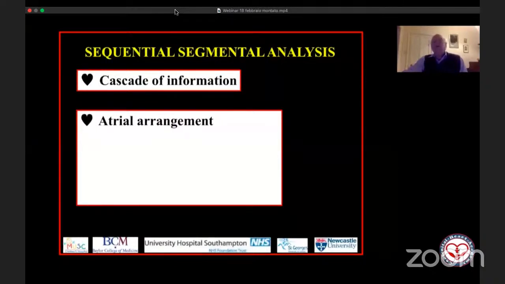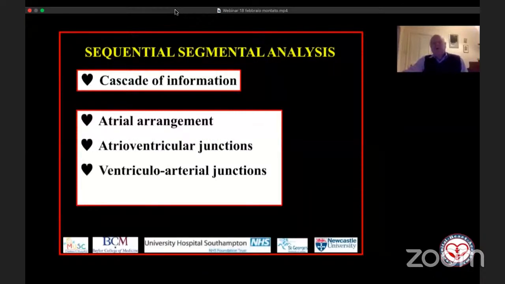As we've emphasized so many times now, we do that by determining atrial morphology on the basis of the extent of the pectinate muscles, which show the extent in turn of the atrial appendage. And it is the arrangement of the appendages that determines atrial arrangement. What you have seen today is what we look at across the atrioventricular junctions.